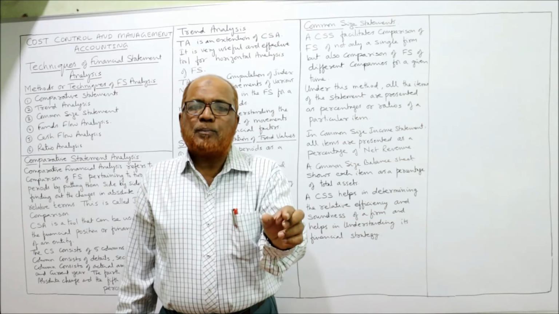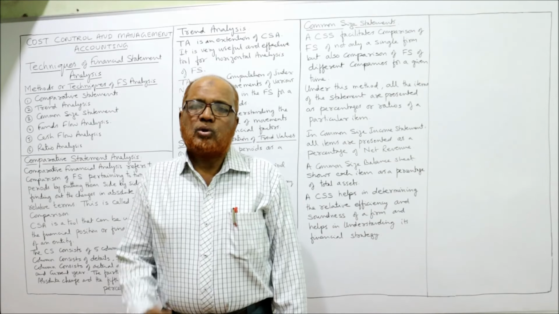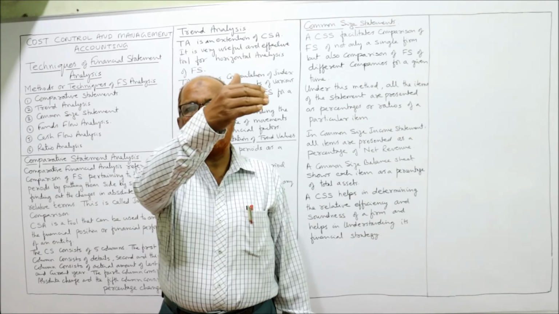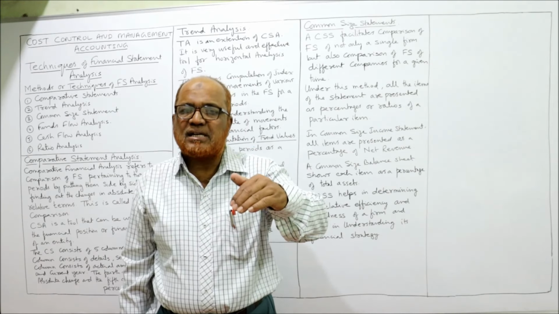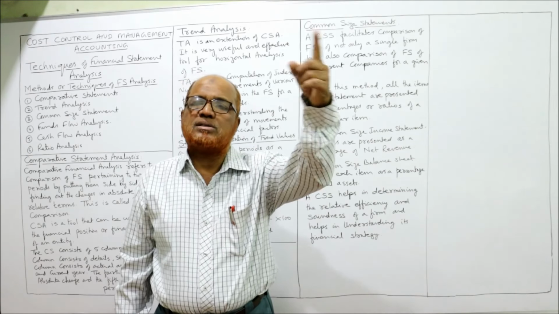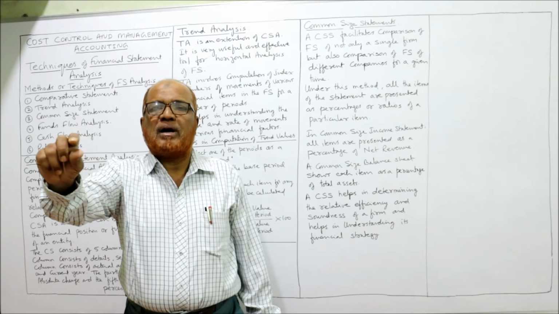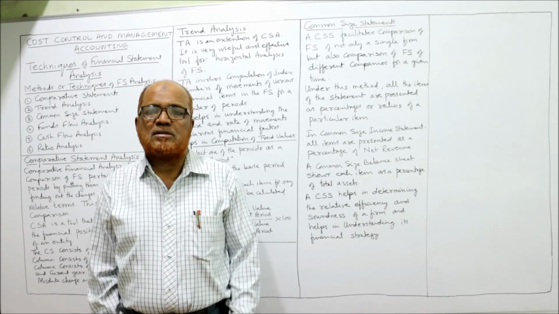Now, we are having the net profit 20,000. The sales are 1 lakh. So we can calculate and find out what is the percentage of net profit on sales. That means 20,000 divided by 1 lakh into 100. It comes to 20%.